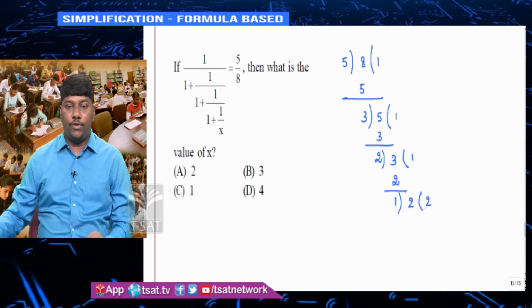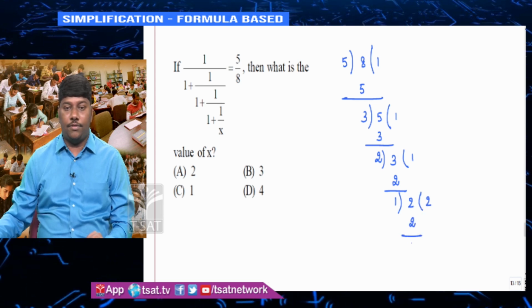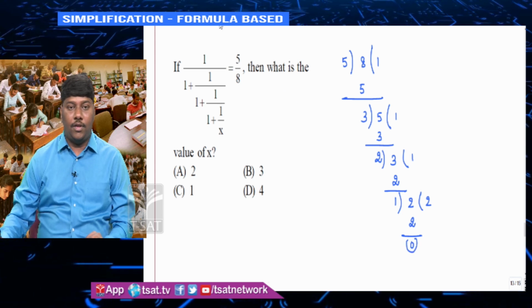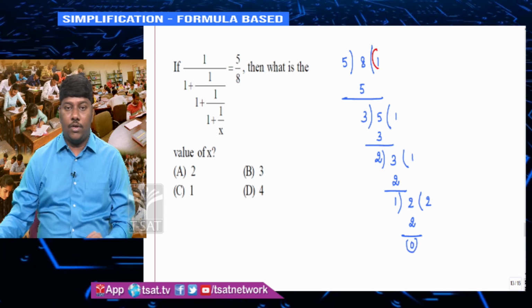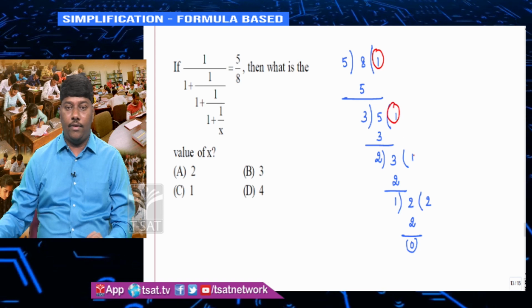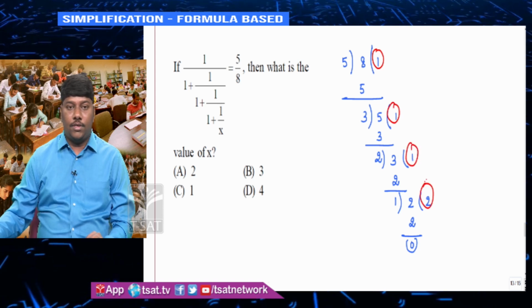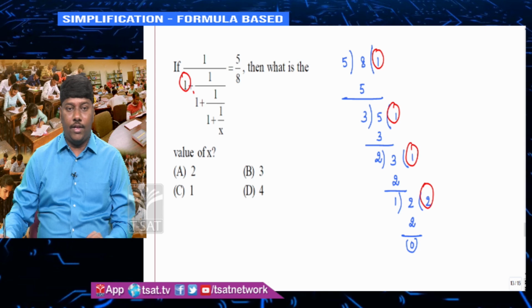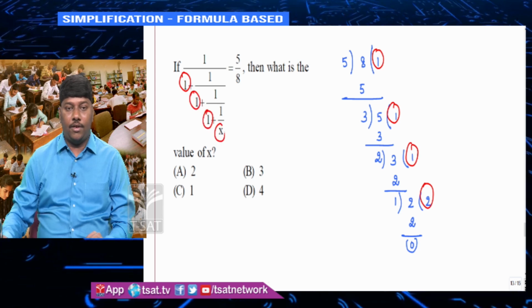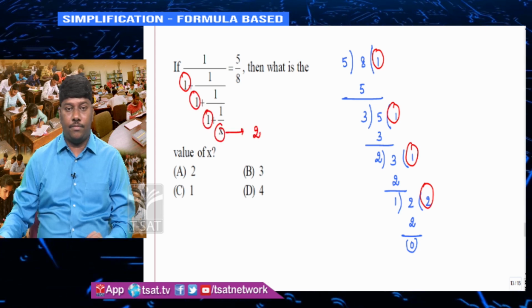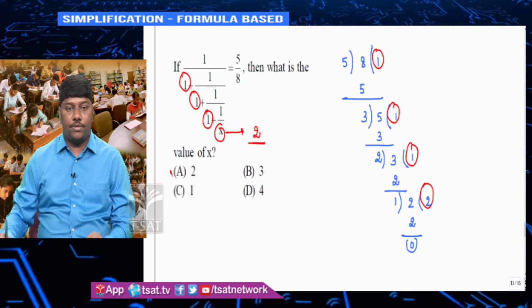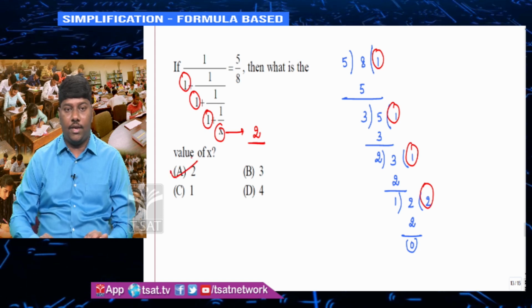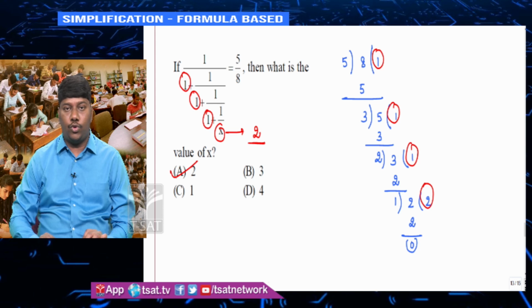Finally, 1 2s are 2. Remainder is 0. So we can stop here. Look at the quotients. Quotients are 1, 1, 1, 2. So it should be equal to 1, 1, 1 and x must be 2 here. So the value of x is 2. So the answer is option A, x is equal to 2.